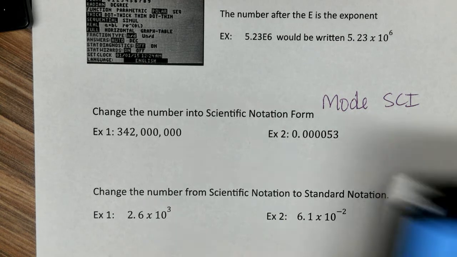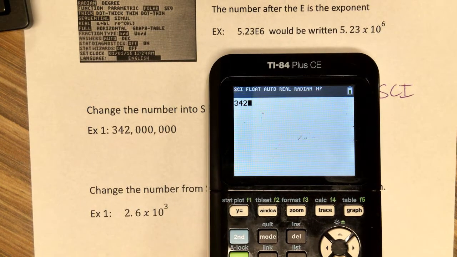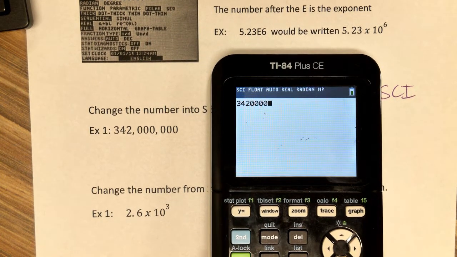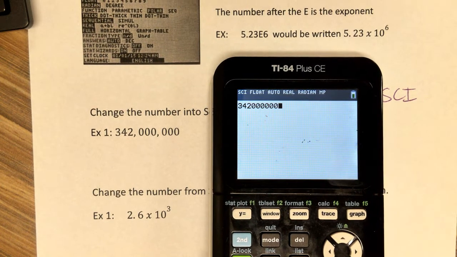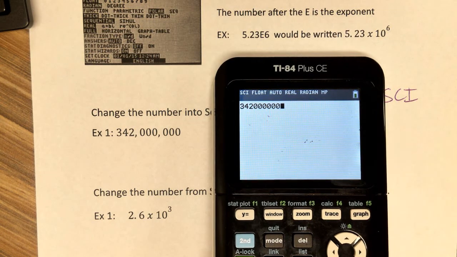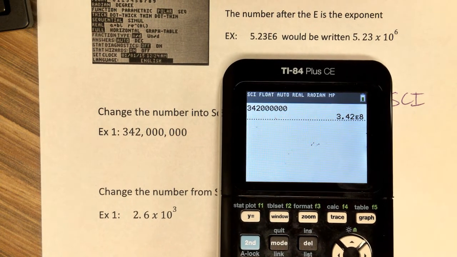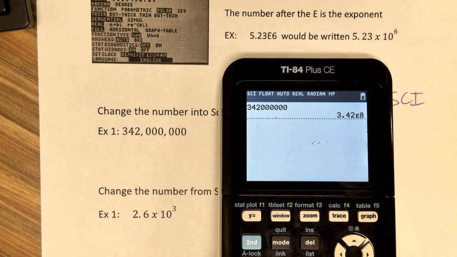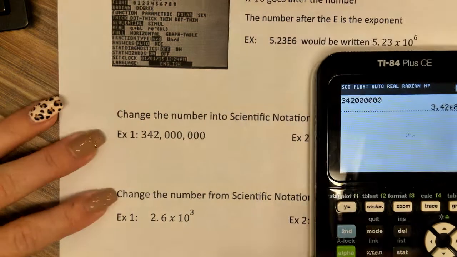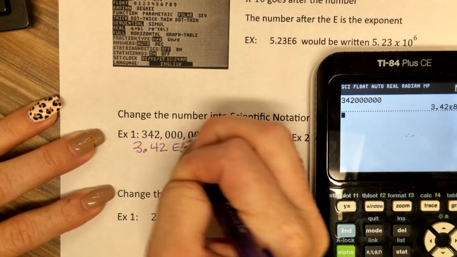Okay, so everybody type in 342 with 6 zeros, no commas. So 1, 2, 3, 4, 5, 6. Make sure you type it in correctly or you won't get the right answer. Hit enter. You're almost done. It did it for you. So I want you real small to write what the calculator gave you. 3.42E8.